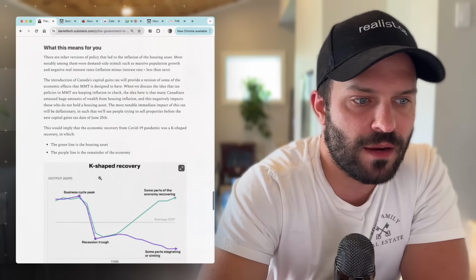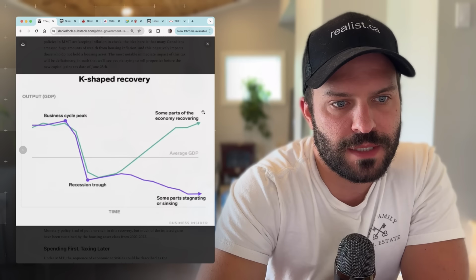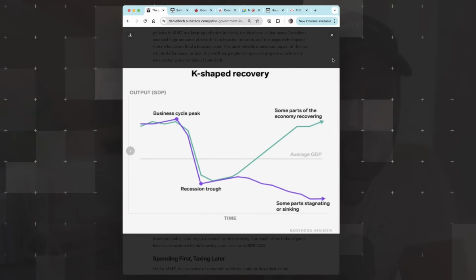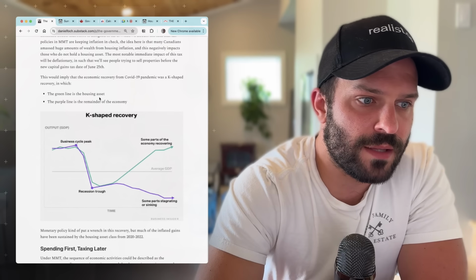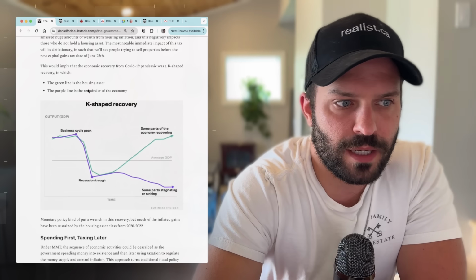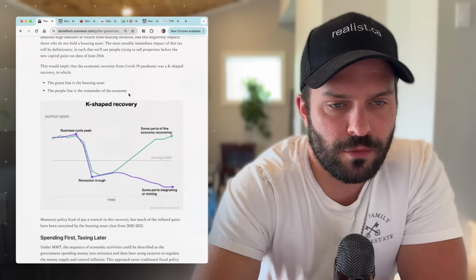To me, this means that there's a decent chance that we end up seeing what I would call a K-shaped recovery in Canada, which means that some parts of the economy will recover faster than other parts of the economy after we see our next recession in Canada. And so the green line in this scenario is the housing asset and the purple line is the remainder of the economy.